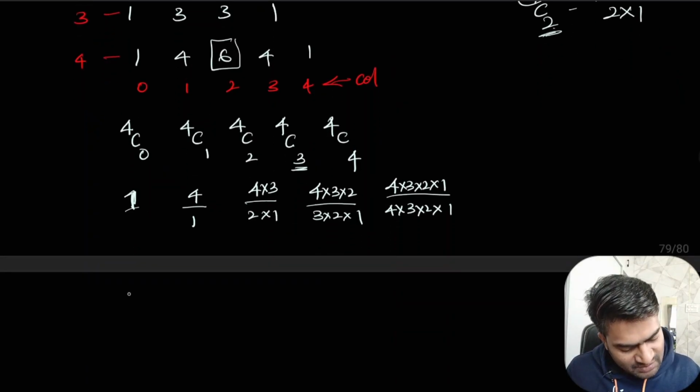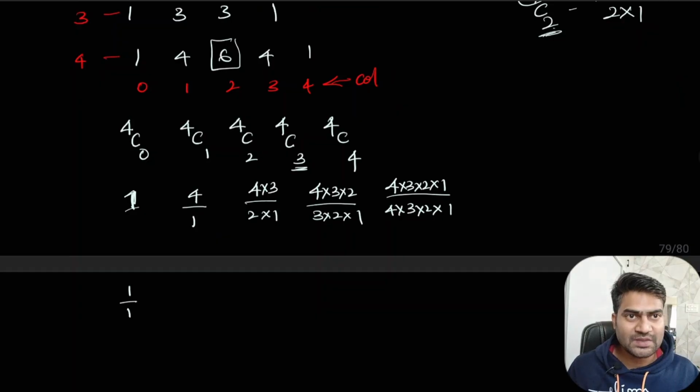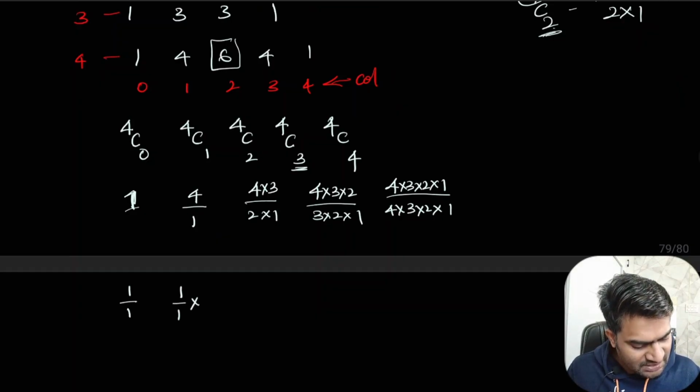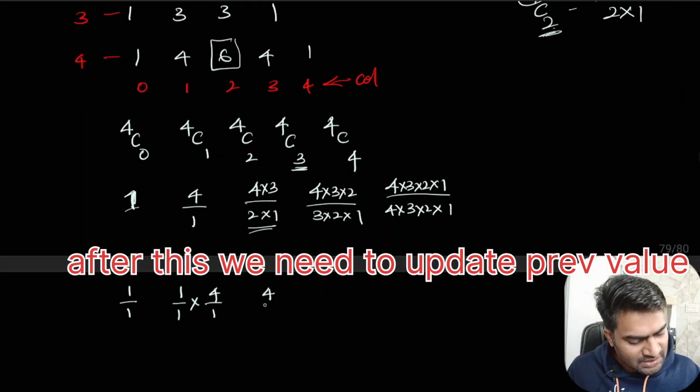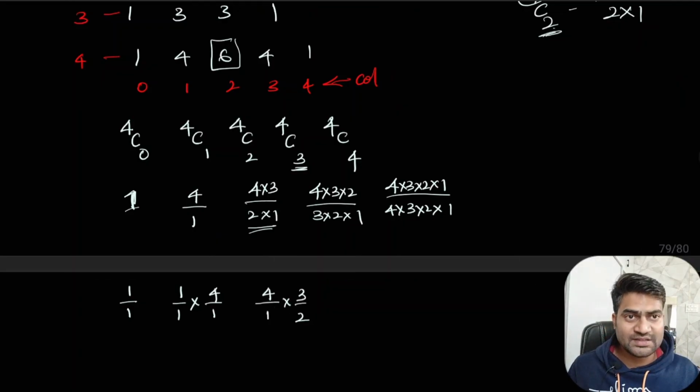So first value I will write as 1 divided by 1. Next, second value I will write 1 divided by 1 into 4 divided by 1. I will say why I am writing that. Now the third value I will write 4 divided by 1 into 3 divided by 2. This is the same, correct, right?